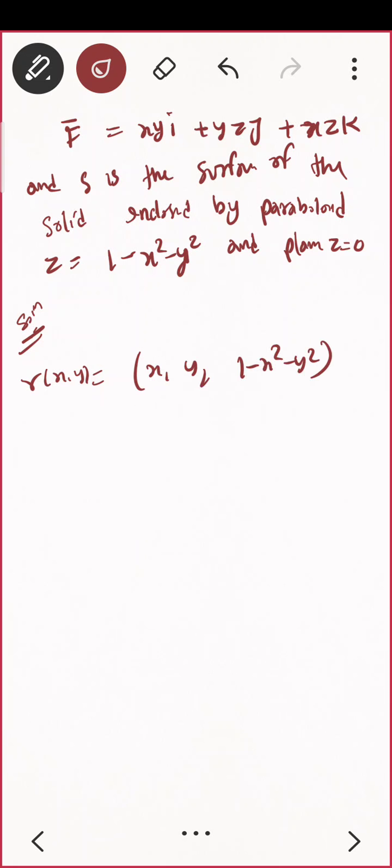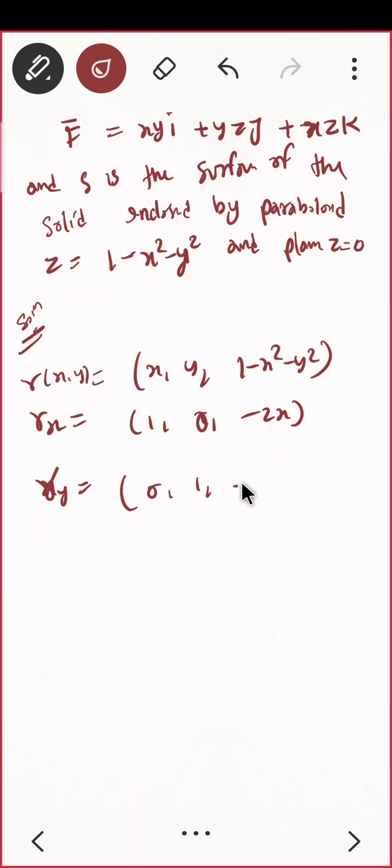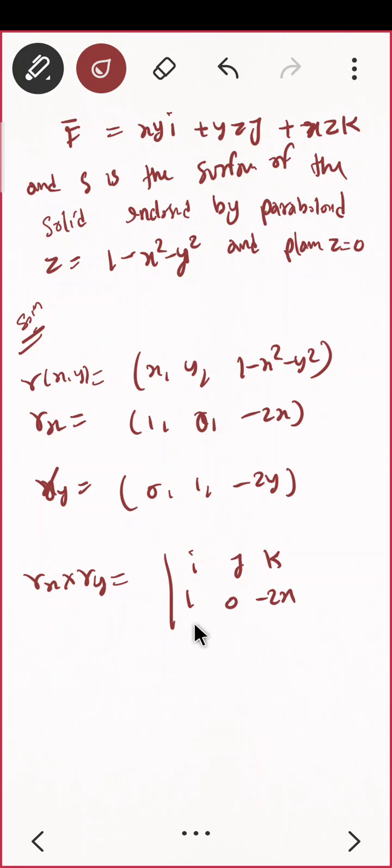That's it. So find rx and ry. What is rx? 1, 0 and minus 2x, correct? What is ry? 0, 1, minus 2y. So now you need to find rx cross ry. So how to find that? That is i j k, and here 1, 0, minus 2x, and here 0, 1, minus 2y.